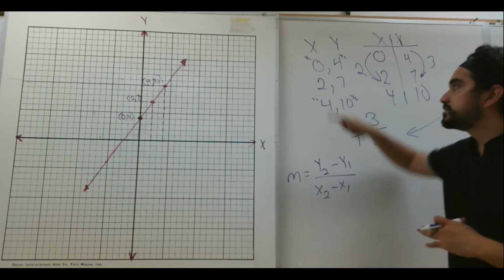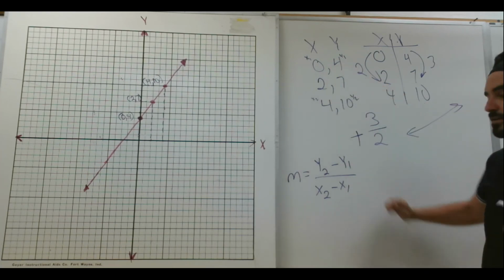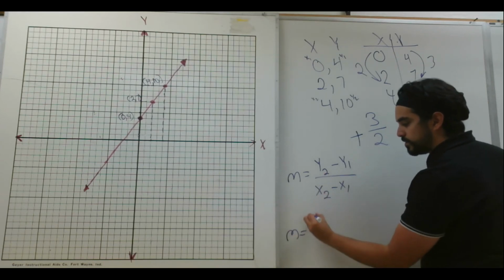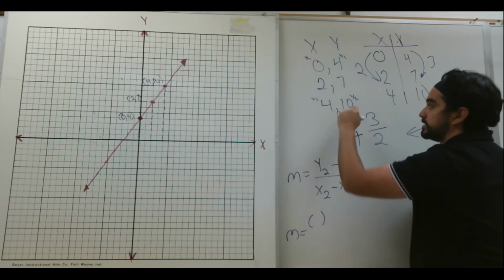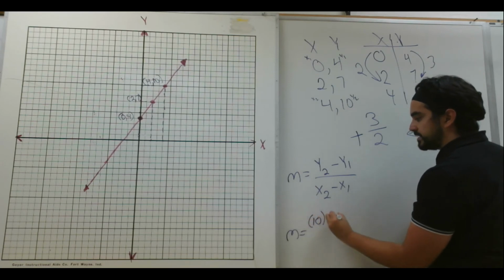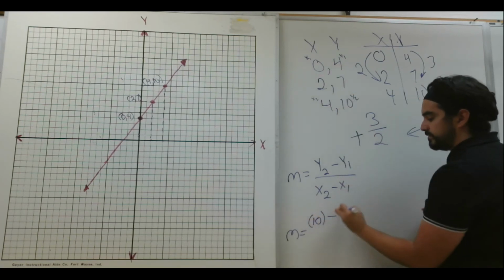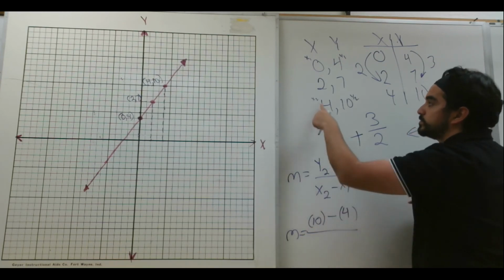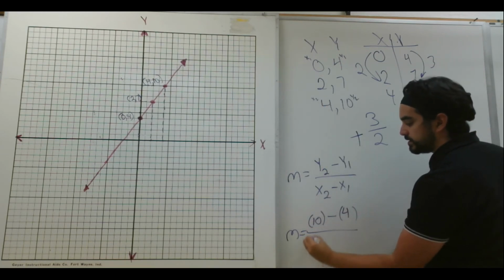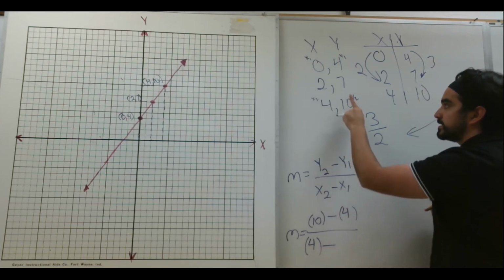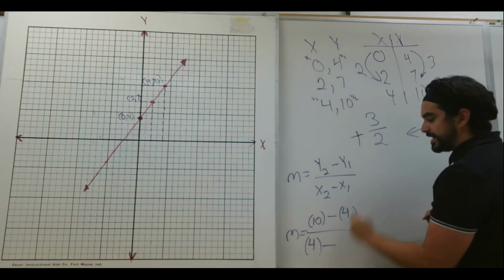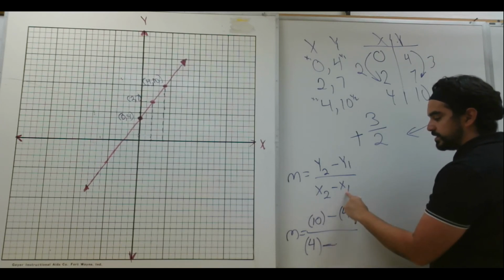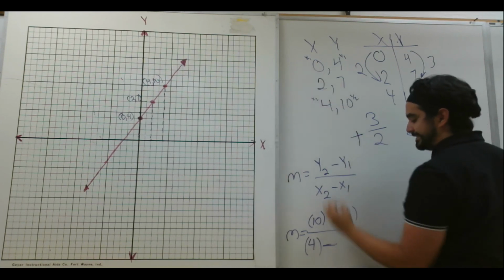So what I'm going to do now is substitute my points into my formula. So we know m is equal to y2, which is going to be 10, minus y1, which is going to be 4, over x2, which is 4, minus x1, which is 0.